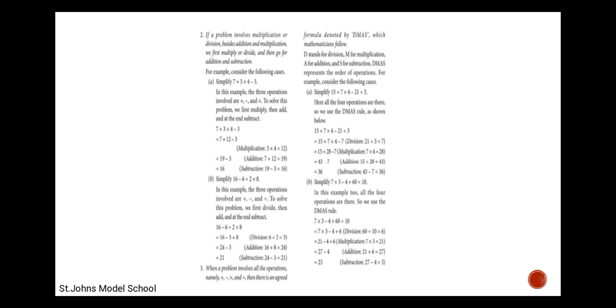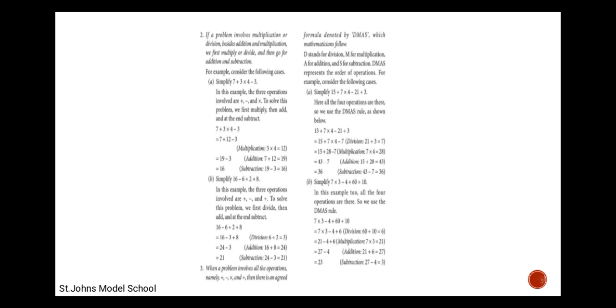In the B part, 16 minus 6 divided by 2 plus 8. Here you have division, so first we will do division. 6 divided by 2 is 3. So we will get 16 minus 3 plus 8. Division over.